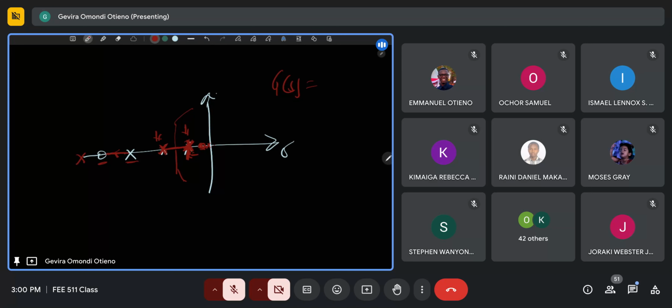So the dominant poles are usually found in pairs. If you factor or get the roots of G of S and you find a complex pole, usually those complex poles are typically the dominant poles, because they are going to determine the shape of the root locus.